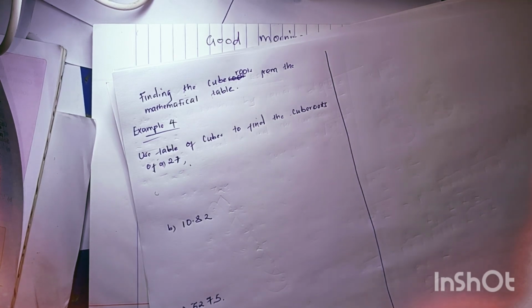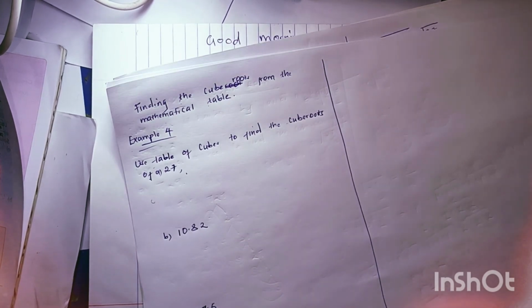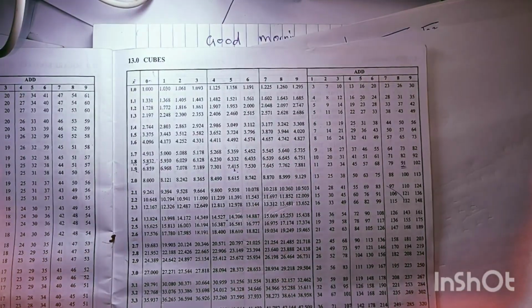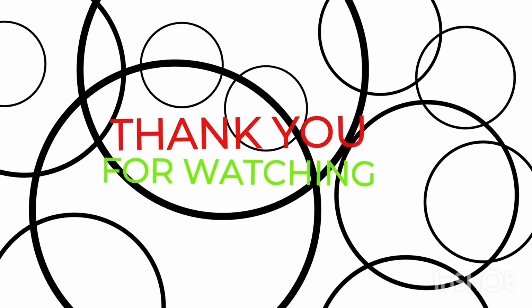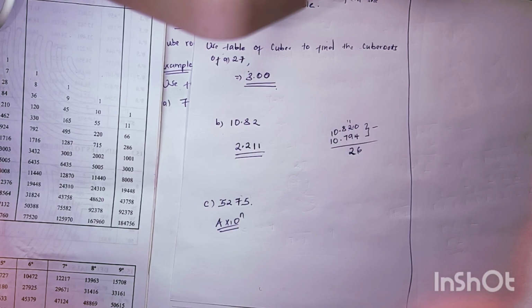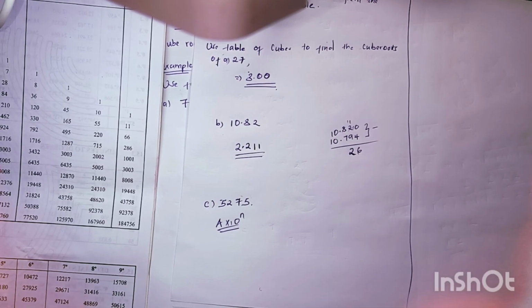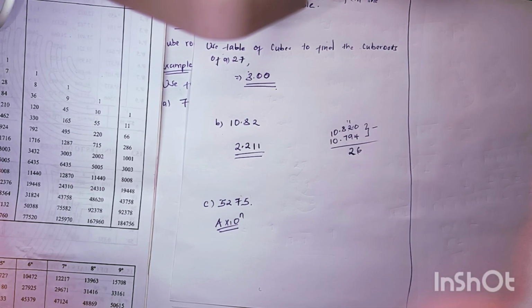So in this case, guys, the first one, let me come with my table here. I go to the table of cubes. I make sure that I'm moving multiple steps, three multiple steps, not even steps.